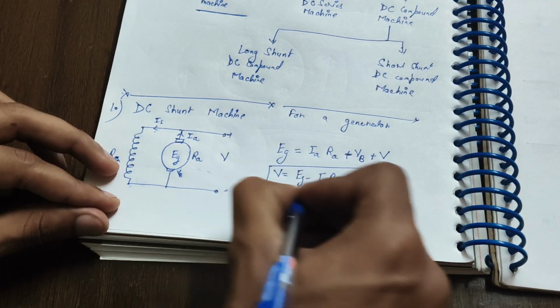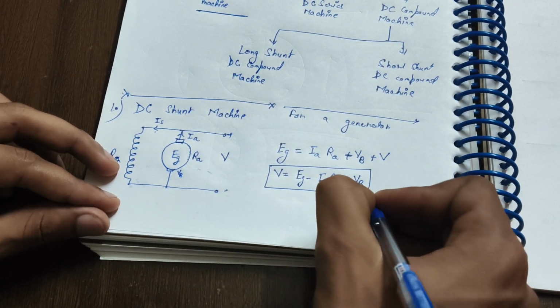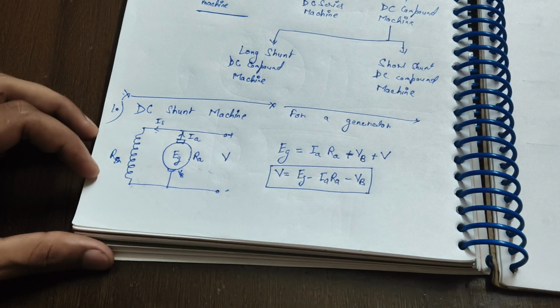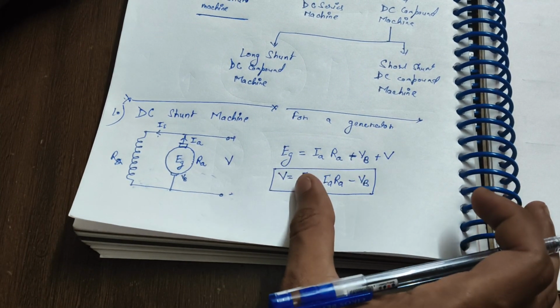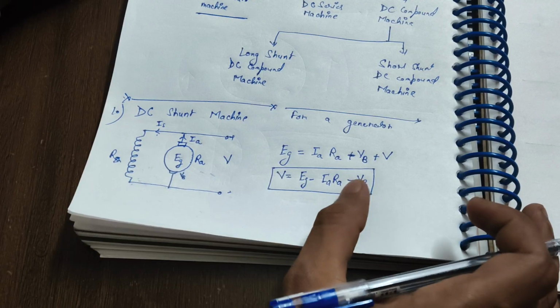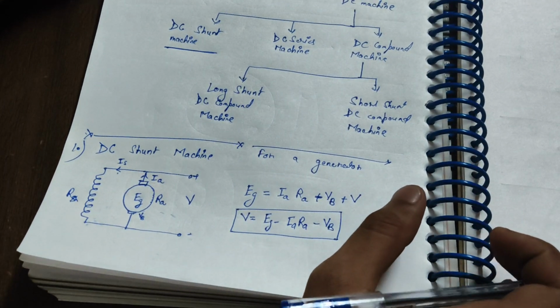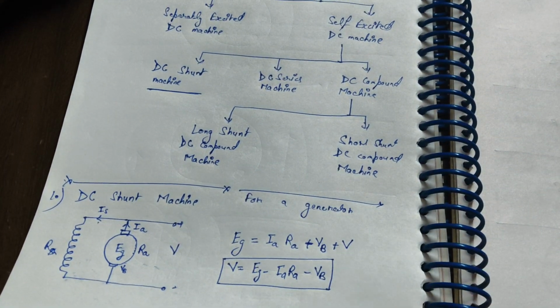We have to remember this equation because it is the general equation for finding the voltage, the generated EMF, the armature current, the armature resistance, or the brush drop in any case.